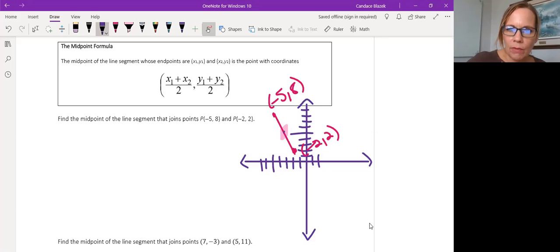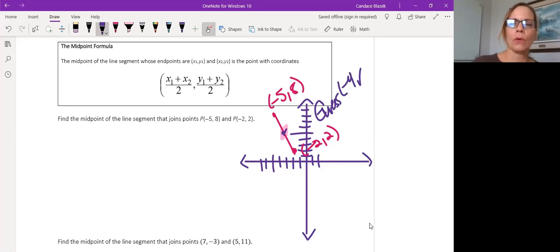So if I were to look at those two, I would say it's roughly the point -4.5. That would be my guess. My guess here is -4.5. We'll see if that's right, okay?